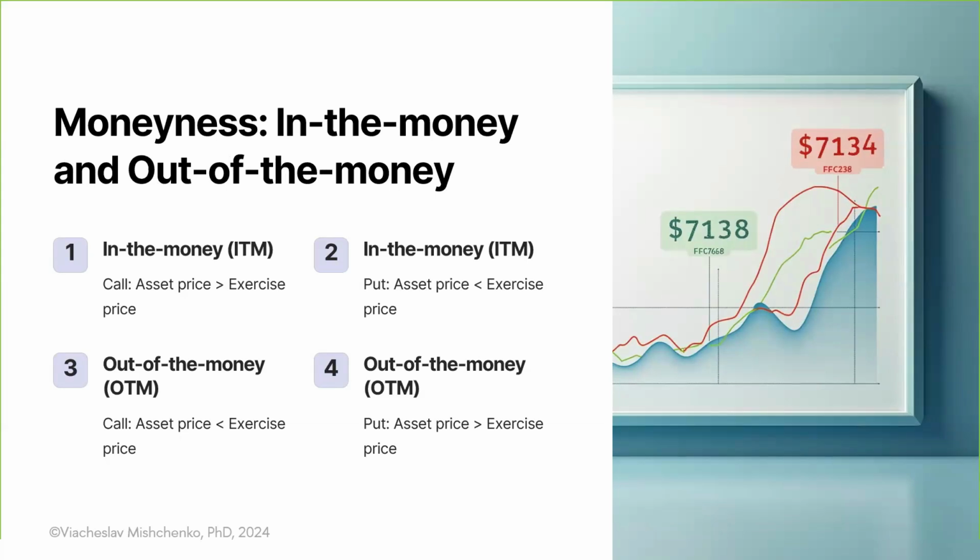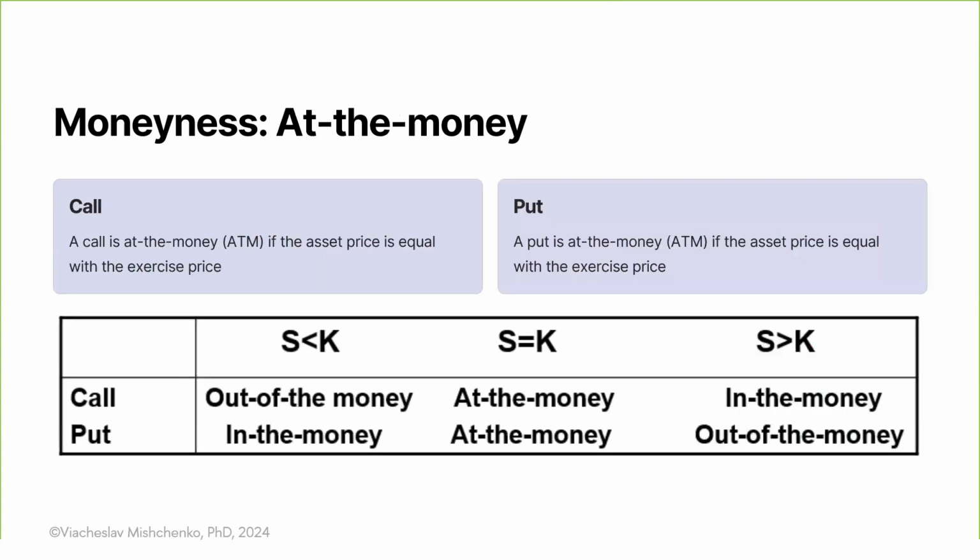And if the option is out of the money, or OTM, then it would have zero value if exercised immediately. And at-the-money options, or ATM, usually have a strike price very close, not equal, but very close to the current market price.